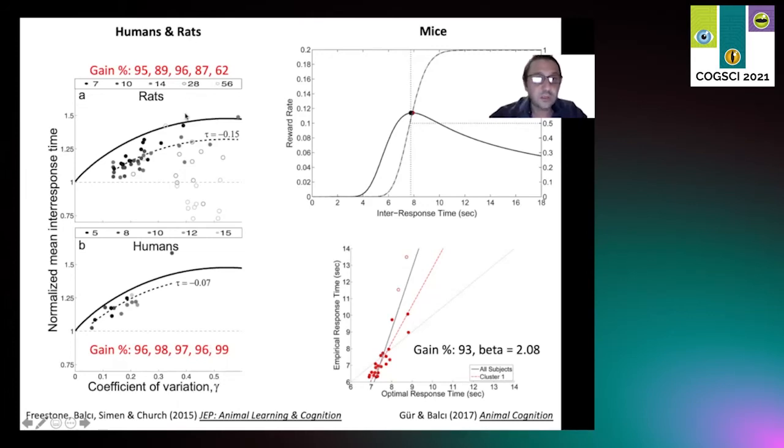In this task, if you consider the diagnostic schedule up to 14 seconds in rats, you can see that in most schedules, participants ensure more than 95% of the maximum possible expected gain that they can earn for their own timing uncertainty level. You see a similar level of performance in mice.